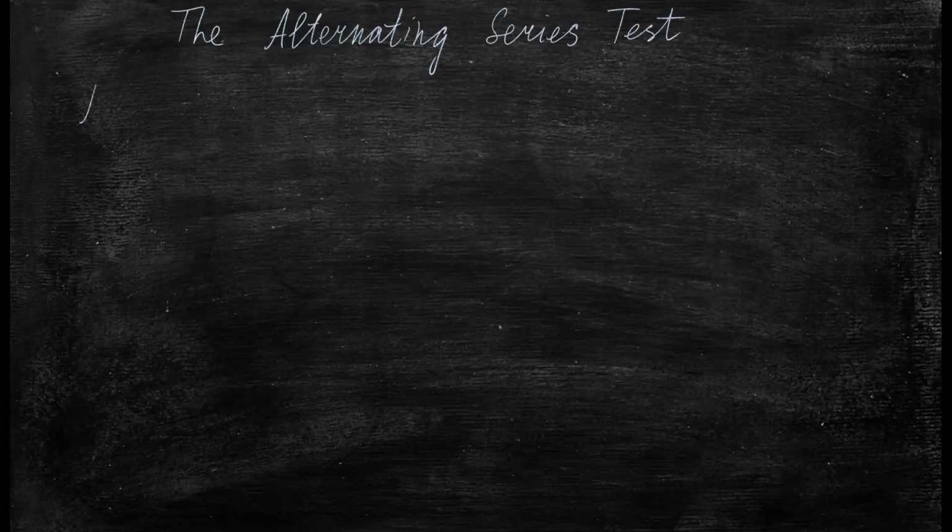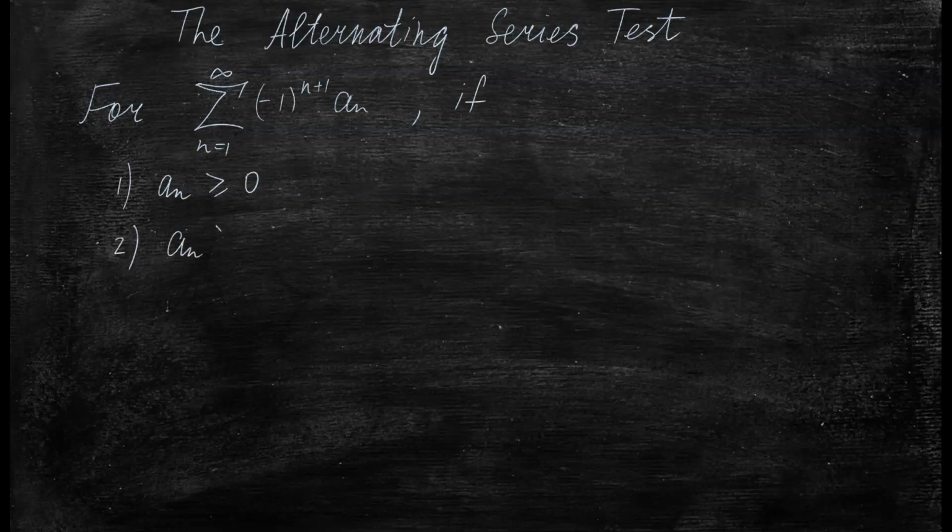Which states that for an alternating series, if the following three conditions are satisfied, that is, without the alternating factor, all the terms of the sequence made of the terms of the series are positive, or rather non-negative, and decreasing, and the limit of a_n as n approaches infinity is equal to 0.